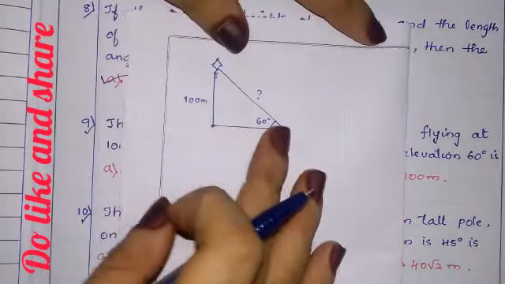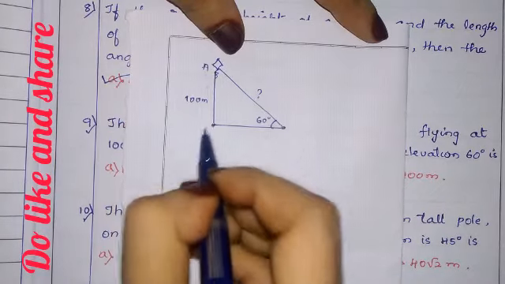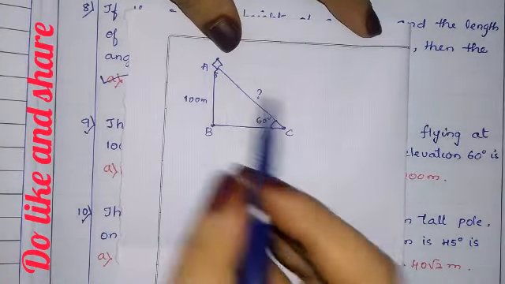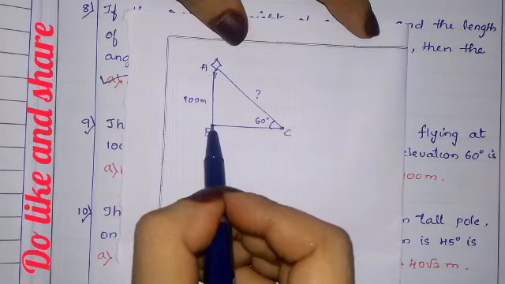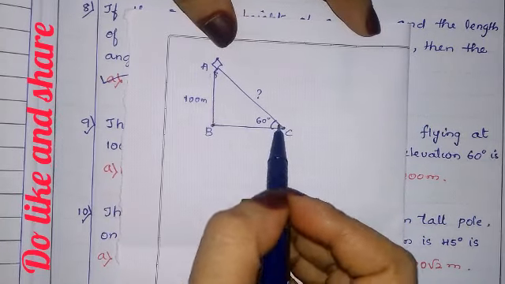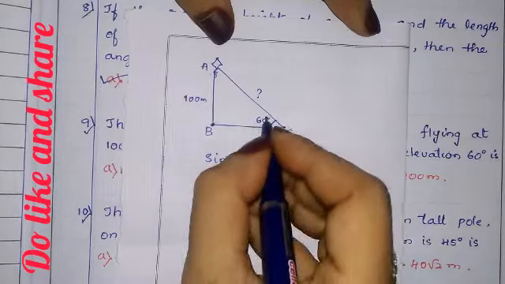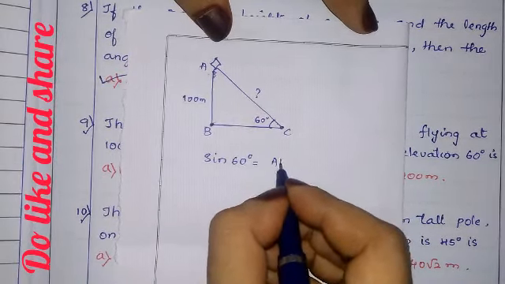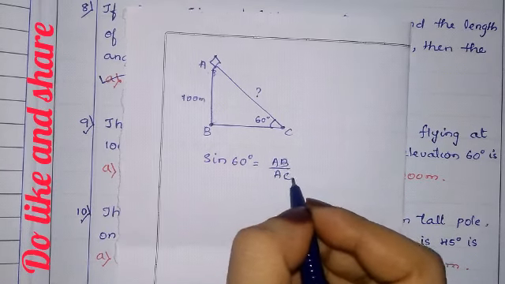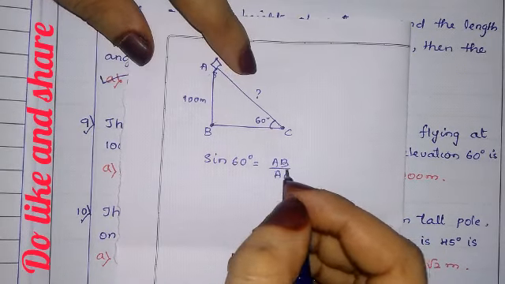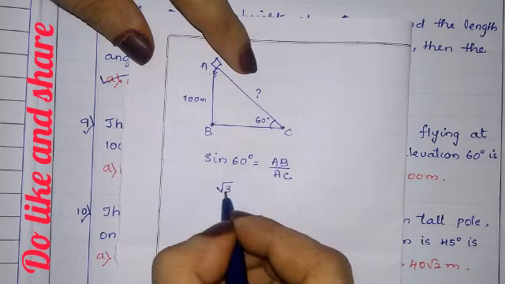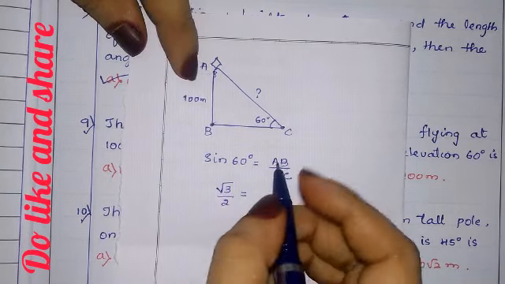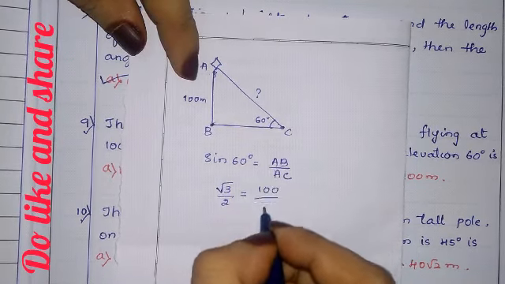Now again they have asked the hypotenuse. In this situation, we can take sine theta because the opposite is given and the hypotenuse we have to find. So sine 60 degree is equal to AB upon AC. Sine 60 degree value is √3/2. √3/2 is equal to AB value 100 upon AC. We don't know AC.